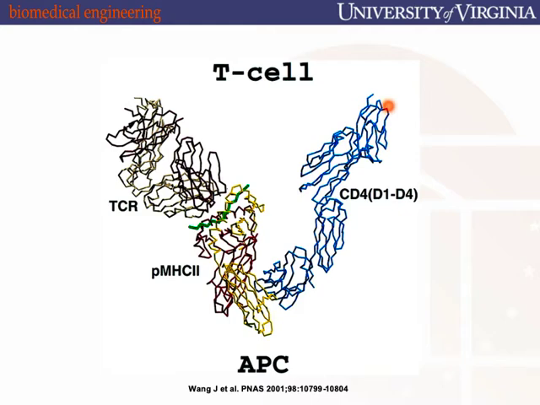And where we left off was this crystal structure where you see, in this case, a TCR. Here is the MHC class 2, and here's the peptide motif that it's displaying to the T cell. And because this is MHC2, it's going to couple with CD4 positive T cells, right?